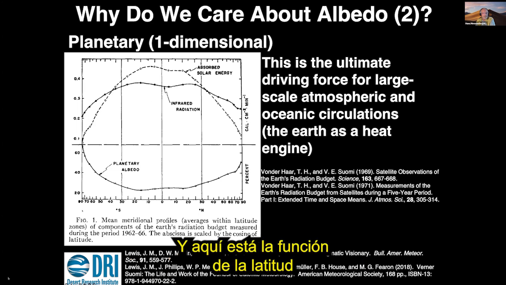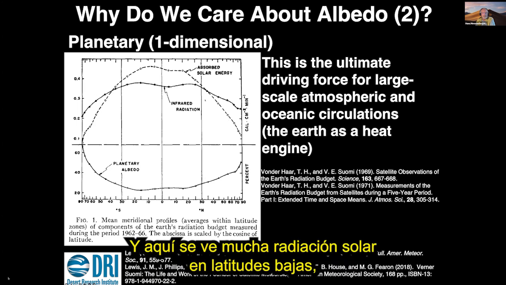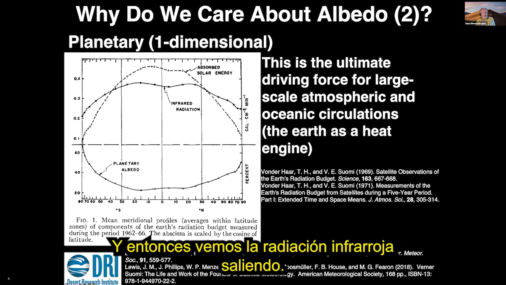And so here you see, as a function of latitude, plotted the solar radiation coming in, and you see a lot of solar radiation here at low latitudes, fairly little at high latitudes, just a geometric thing. And then we see the infrared radiation coming out.